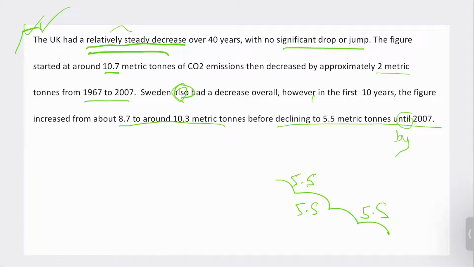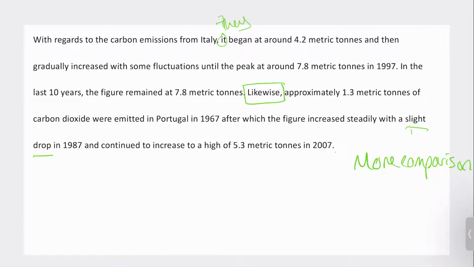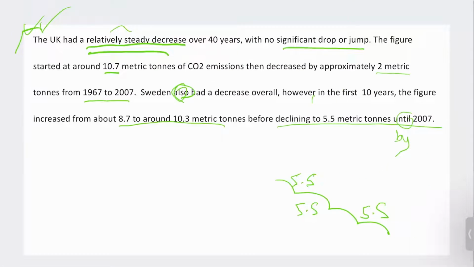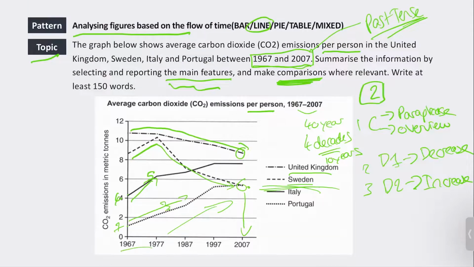So you want to have a sentence here perhaps that says something like, both countries, or between 1967 and 1977. I think those are the dates. Yeah.